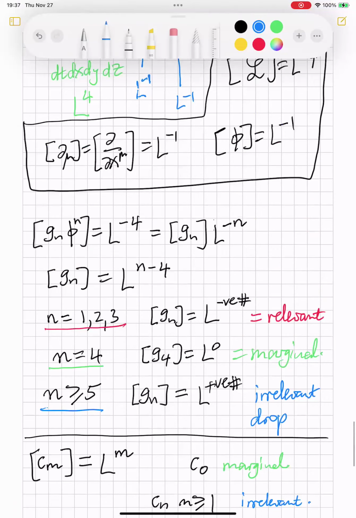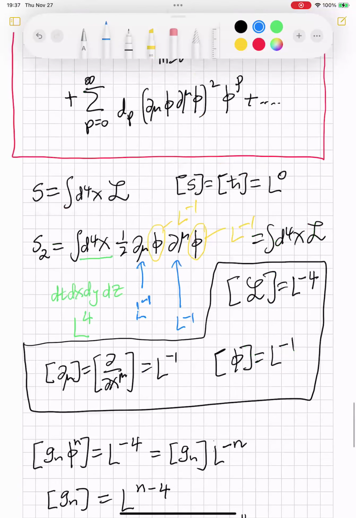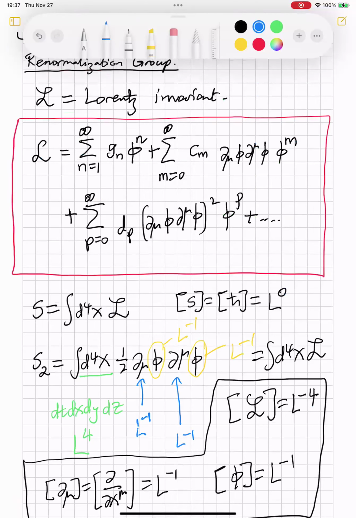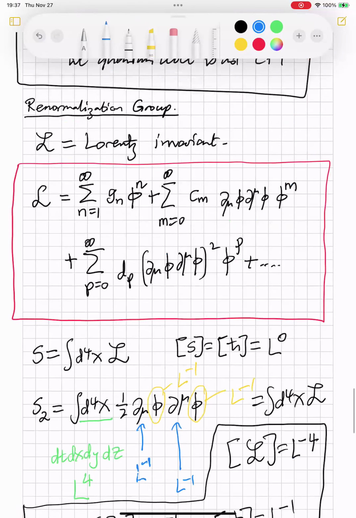So here I wrote down a lot of very general terms inside the Lagrangian density. Think of any terms that you can write down that are consistent with Lorentz invariance. Because if you remember, that was the only thing that's restricting the form of the terms that we write. And my claim is whatever else you write down, you will not be able to think of one more term that is either relevant or marginal. We've got all relevant and marginal terms.